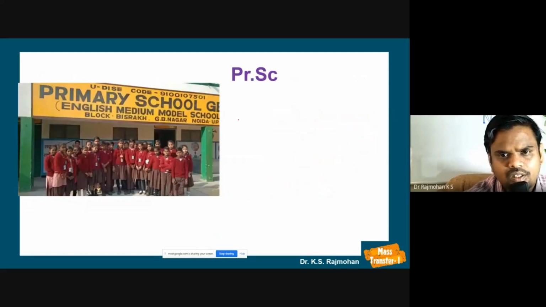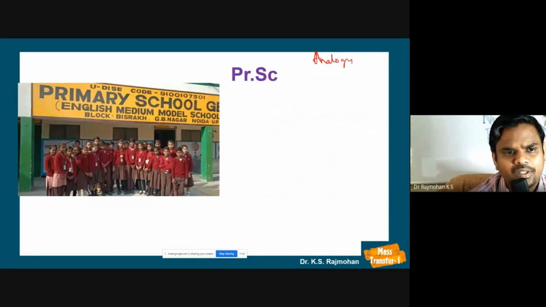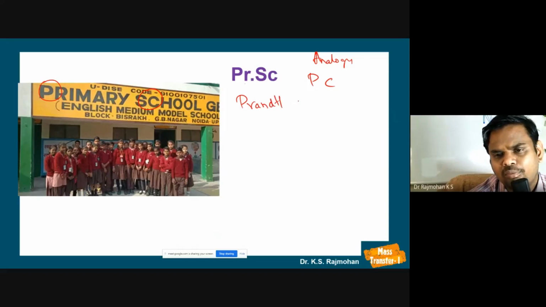Okay, and to relate these for analogies, what is similar to that one? For analogy purposes, I hope all of us have come across a primary school, right? So remember, primary school, PR SC. In heat transfer, it is Prandtl number. What is the mass transfer equivalent of Prandtl number? PR SC, that means Schmidt number is the mass transfer equivalent of Prandtl number in heat transfer.